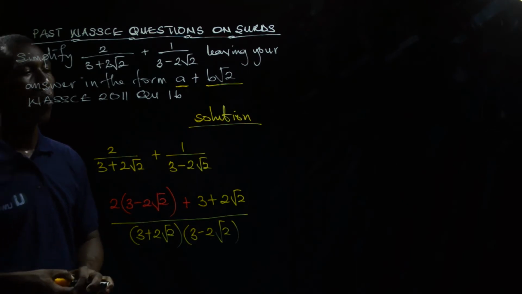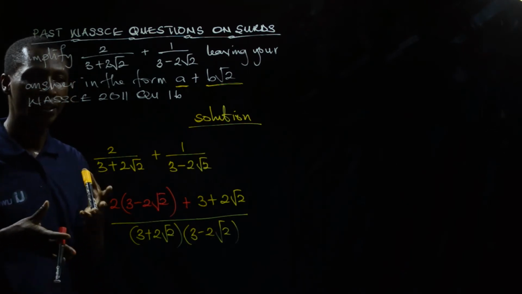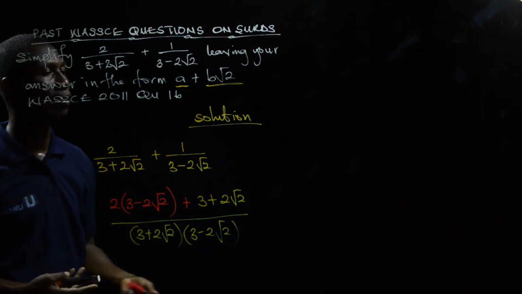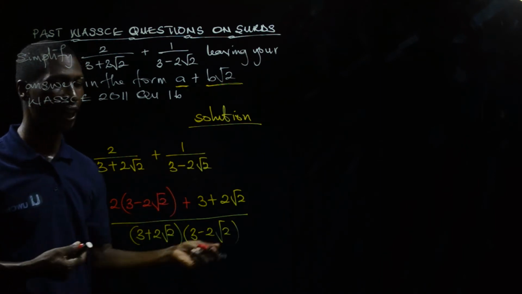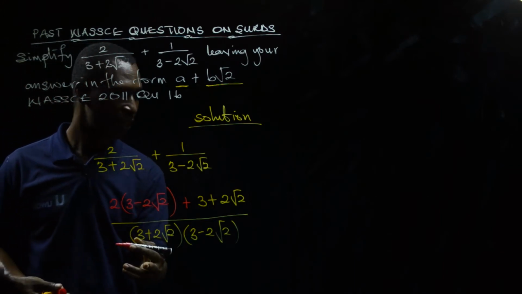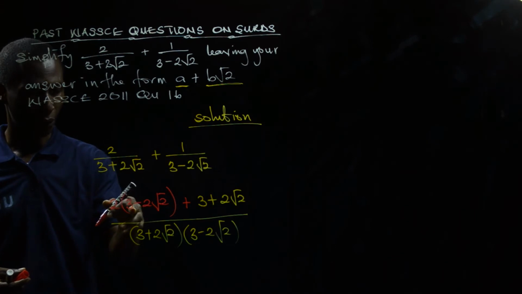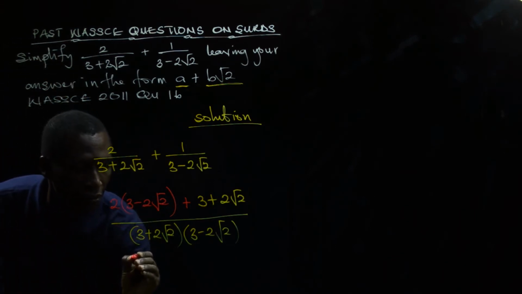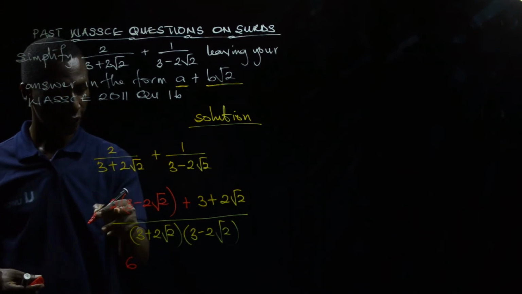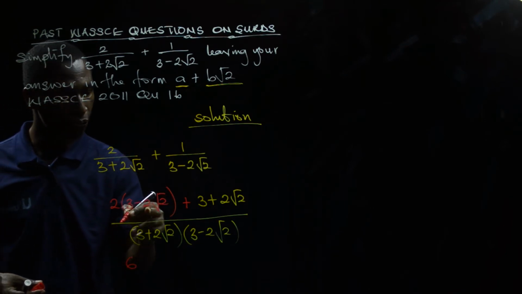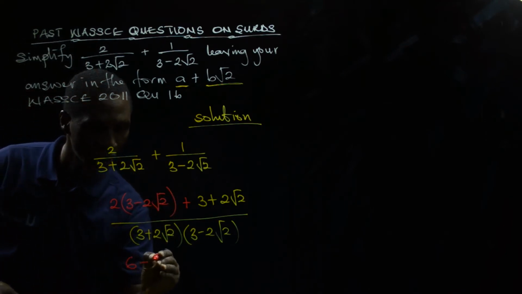Good. Now what we do is we expand the numerator and the denominator. Then we cancel out terms that are supposed to cancel. So bringing it a bit close. Now I multiply 2 times 3, giving me 6. Then 2 times negative 2 root 2 will give me negative 4 root 2.